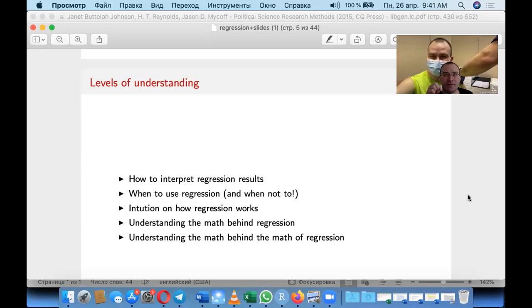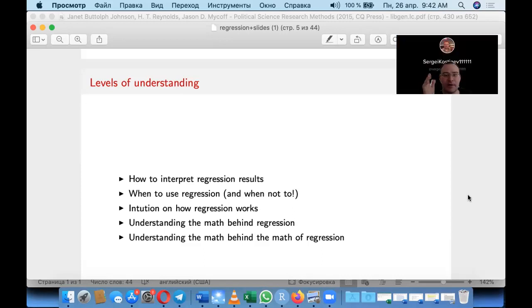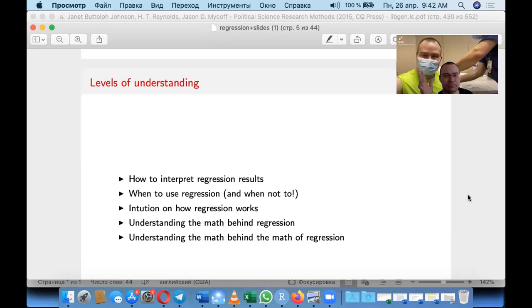If, for instance, your dependent variable is some kind of ordinal variable, like level of support: I strongly support something, I somewhat support something, I neither support nor oppose, and I do not support something. So you have some kind of range of approval.